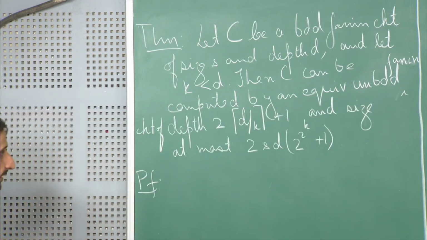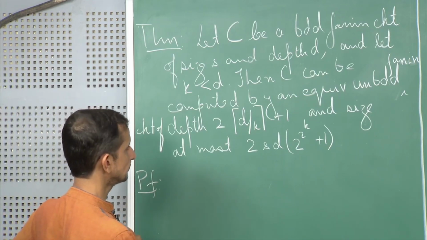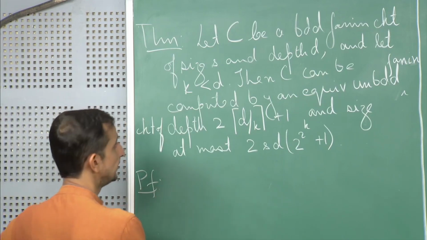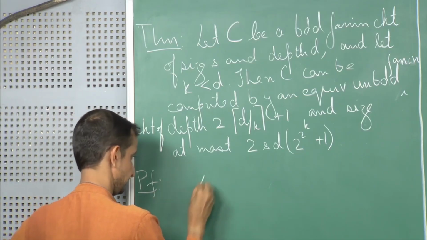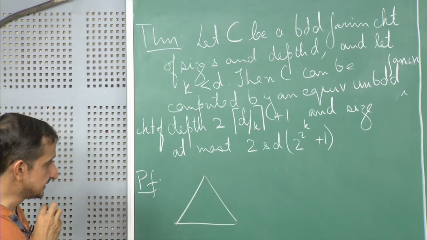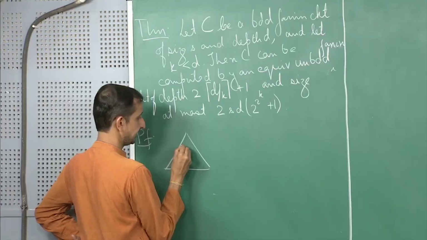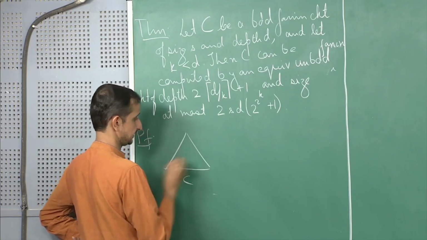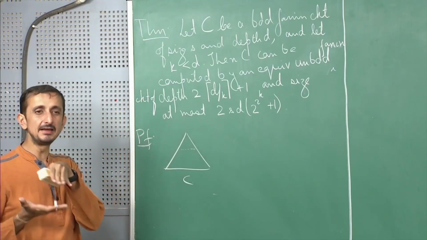The idea of the proof is quite simple. So we have the circuit C. Let me draw a picture first. If I take any level, let us say that C is layered in some sense.